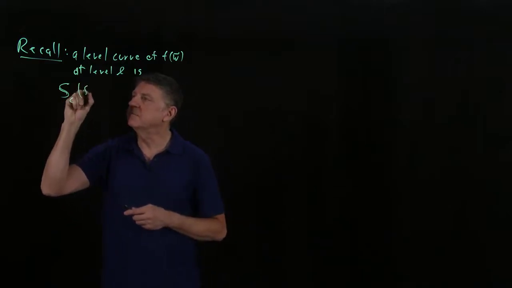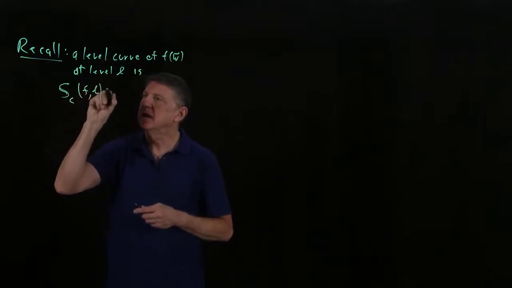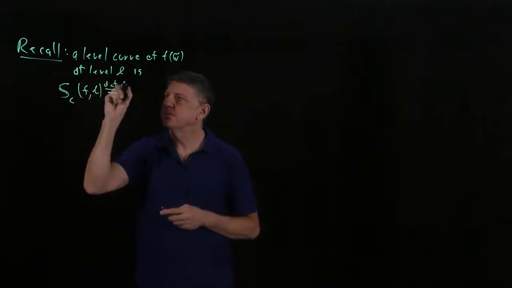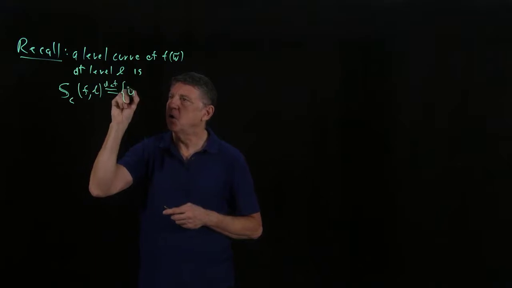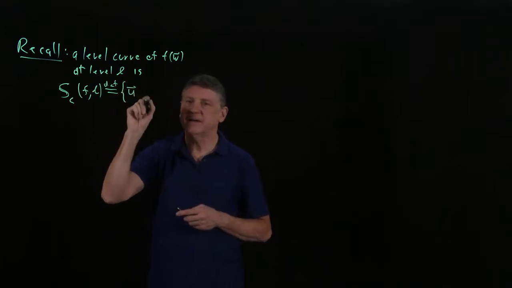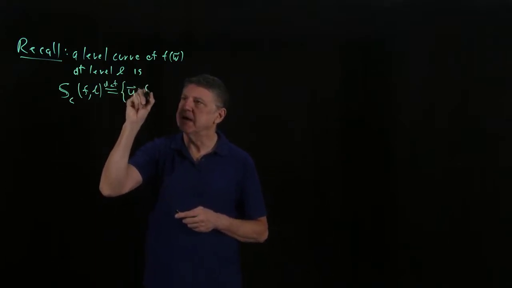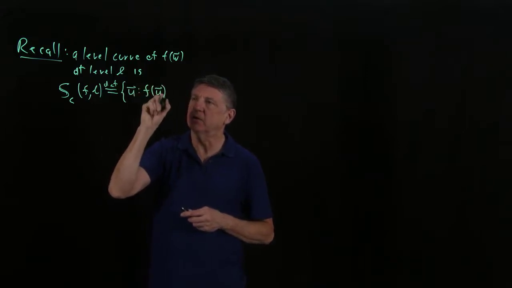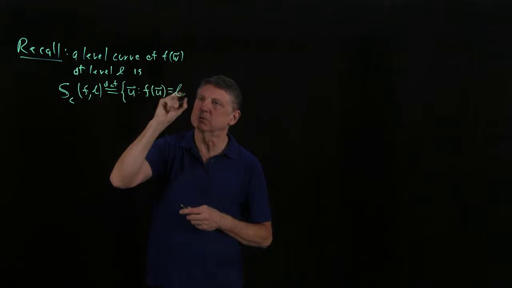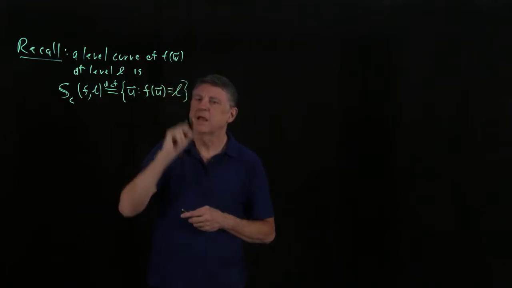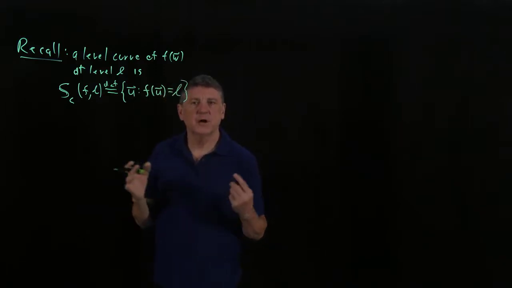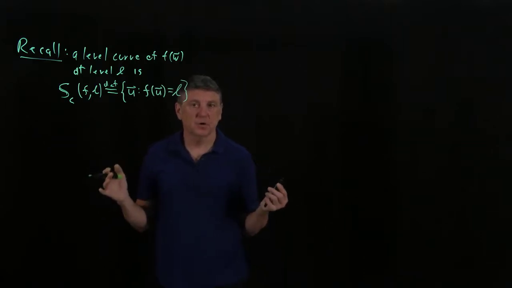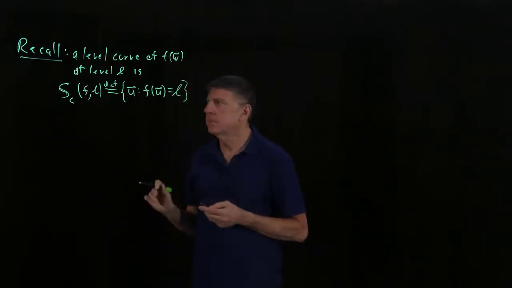So this is of a function at a level, and that is defined as the set of all arguments in the vector space such that the function evaluated at that argument exactly equals the level. And these level curves are how we draw contours of functions that have vector arguments of size 2.